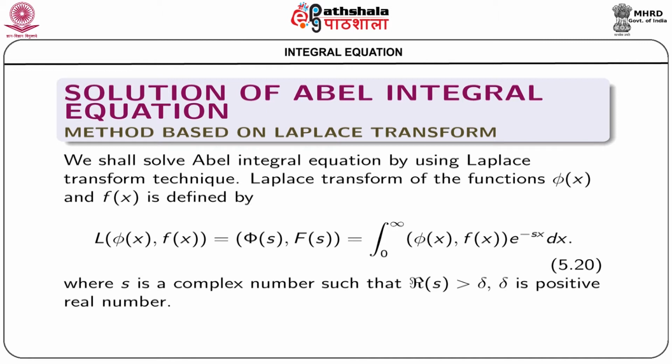This is the Laplace transform of small fx and is denoted by capital Fs. Here s is a complex number such that real part of s is greater than delta and delta is a positive real number.